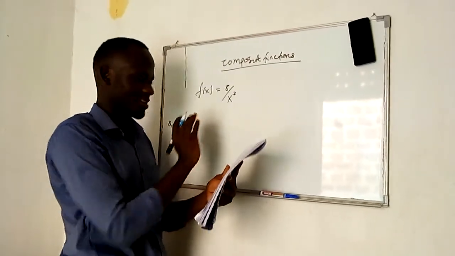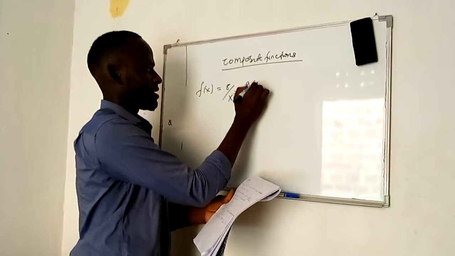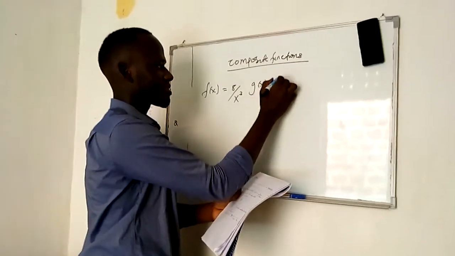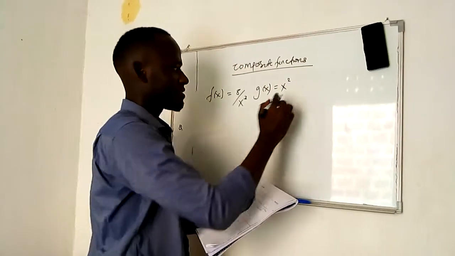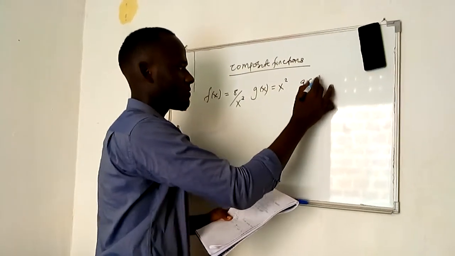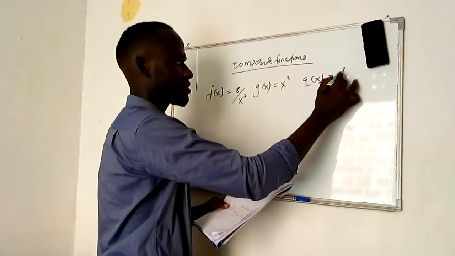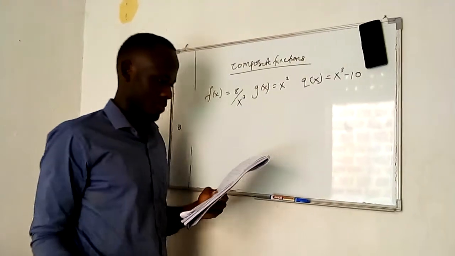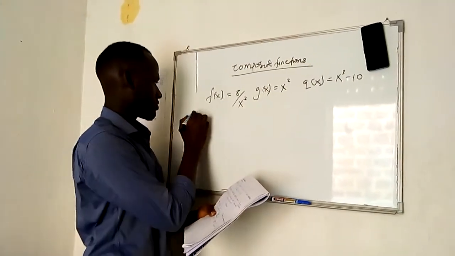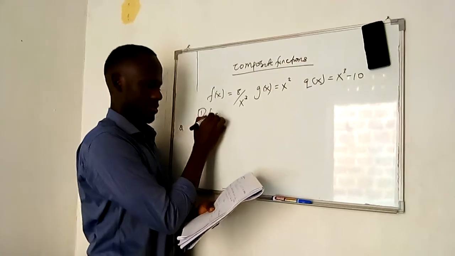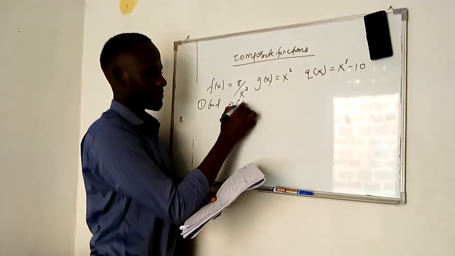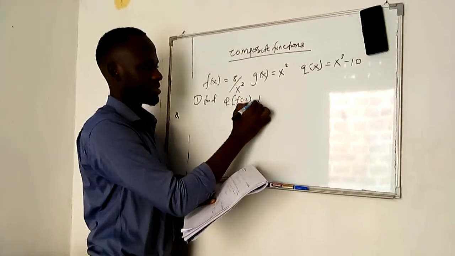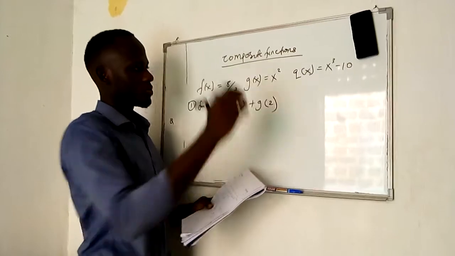Let's go slowly. g(x) is given by x squared, right? And q(x) is given by x cubed minus 10. Question 1: find q of f of negative 2 plus g of 2.